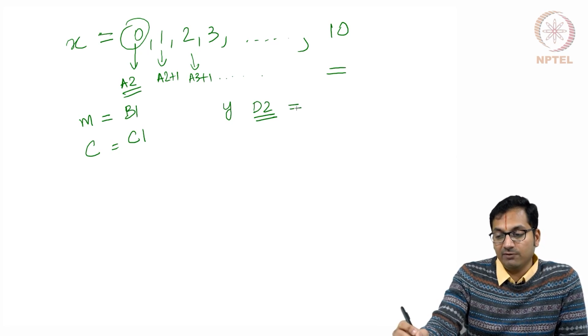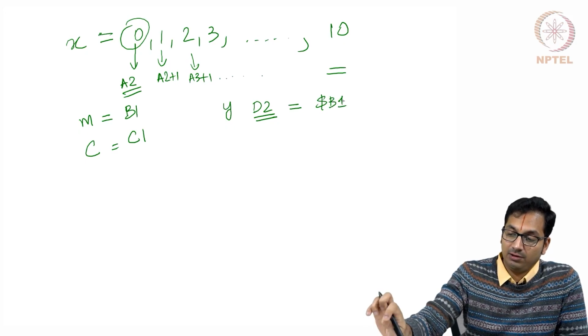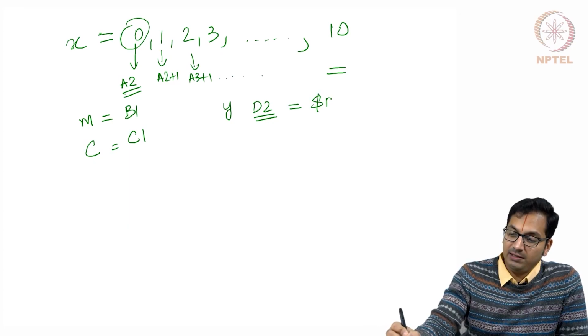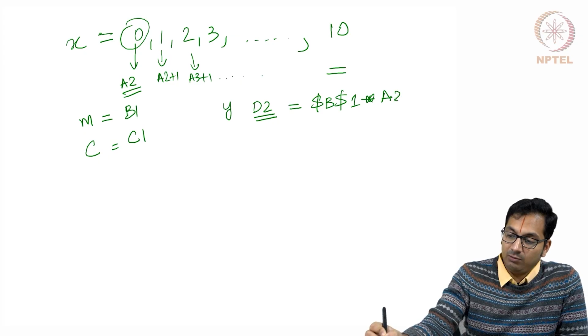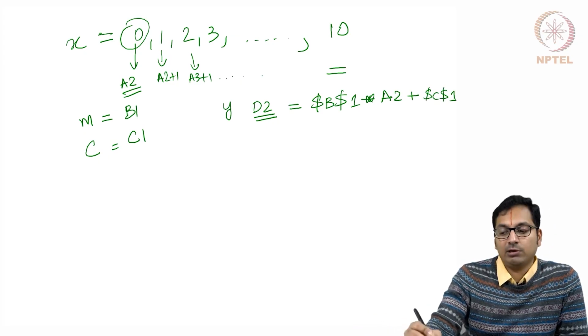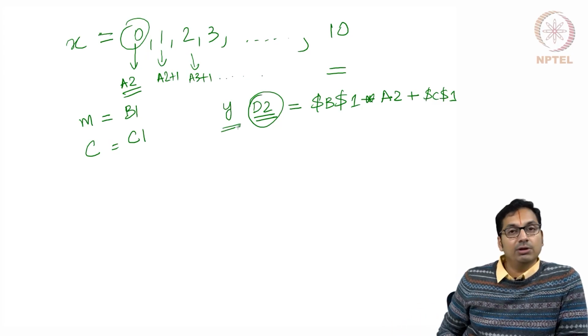So the D2 will be given something like $B$1 star A2 plus $C$1. And then what can happen? You can generate all the 11 values for y by doing this.